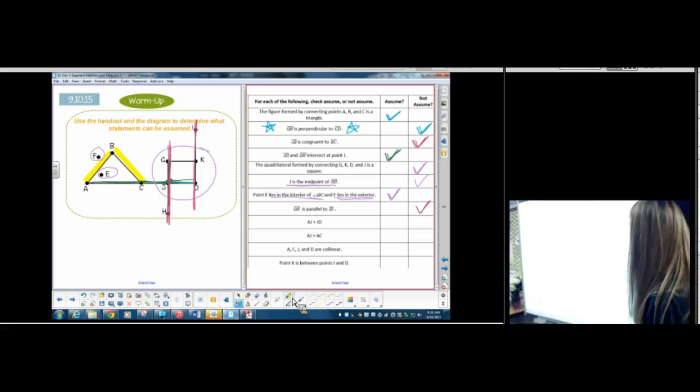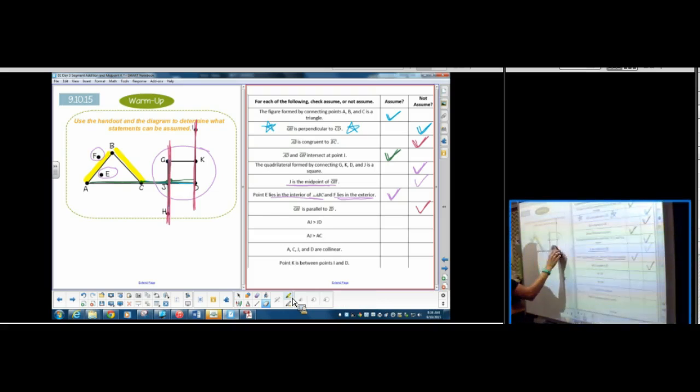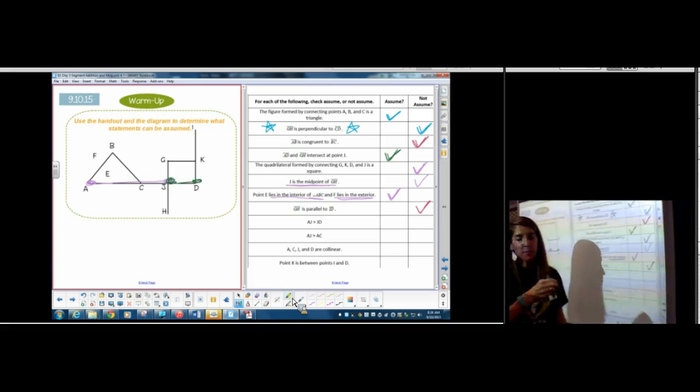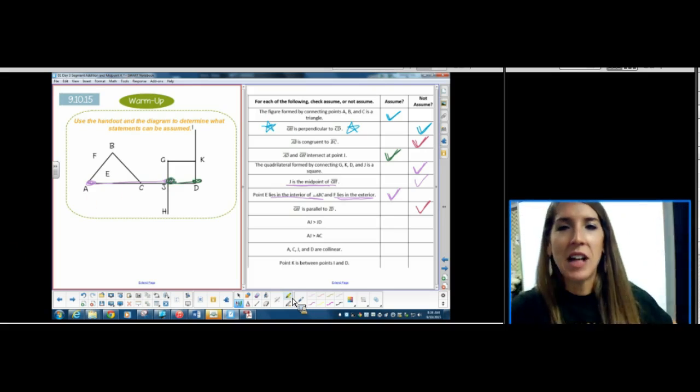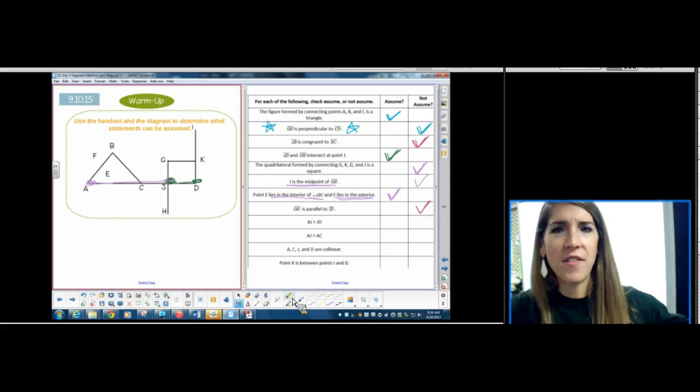Okay? AJ is greater than JD. I think when I erase this, my dots are going to go away, so sorry about that. AJ, so from A to J, is greater than J to D. Have you ever solved a problem in this class and you plug the numbers back in and you're like, wait, those don't really fit with this diagram?